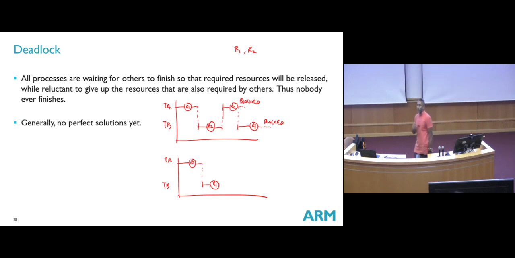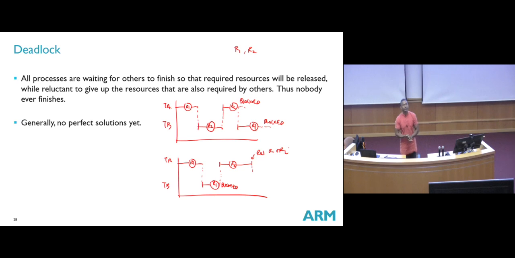The moment task B cannot get the first resource, that means somebody else already has it, so it will immediately go to a blocked state. Which means task A can continue, it can take resource 2, and when it eventually finishes, it releases R1 and R2. Then task B can happily continue.